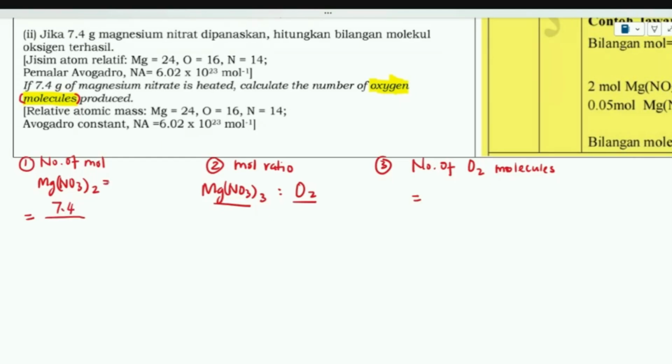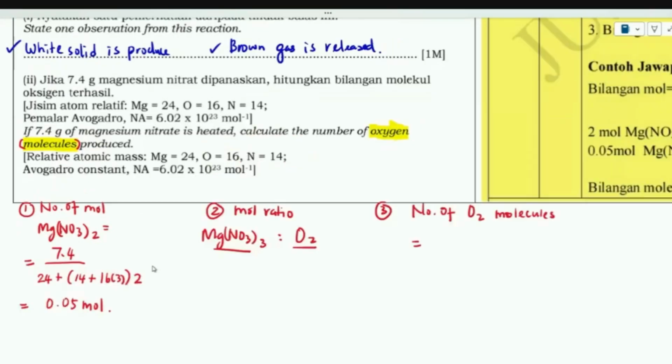You total up this one: 24 plus 14 plus 16 times 3, times 2. Total up you'll get 0.05 mole. So this one is one mark already.